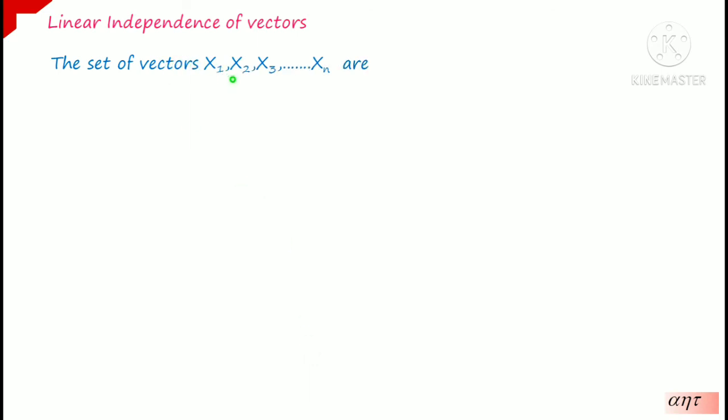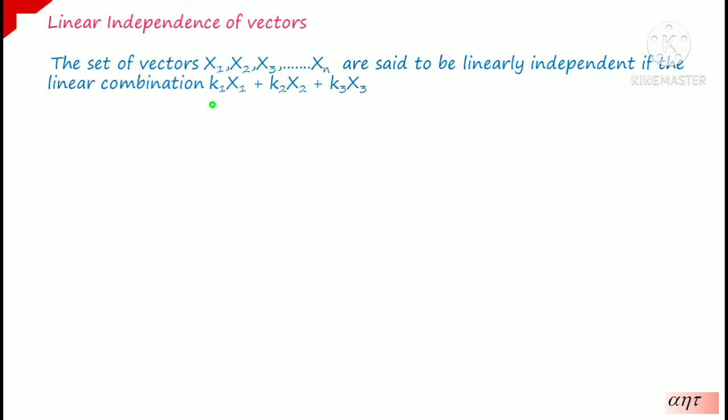Now we will see another definition. What is linear independence of vectors? The set of vectors x1, x2, etc. xn are said to be linearly independent if the linear combination k1 x1 plus k2 x2 plus k3 x3 plus etc. plus kn xn is equal to 0, which implies that the scalars k1, k2, etc. kn must be equal to 0.